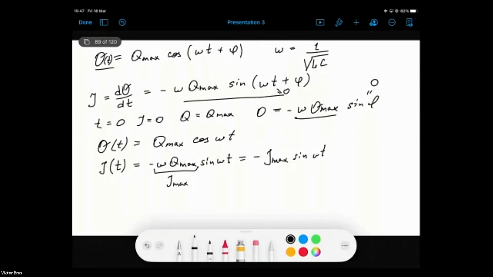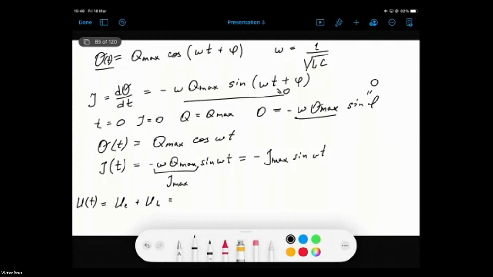Now we also can come back to the discussion of energy accumulated in capacitor and inductor. So UC plus UL, as a function of time. So maybe let me specify it here: U as a function of time.